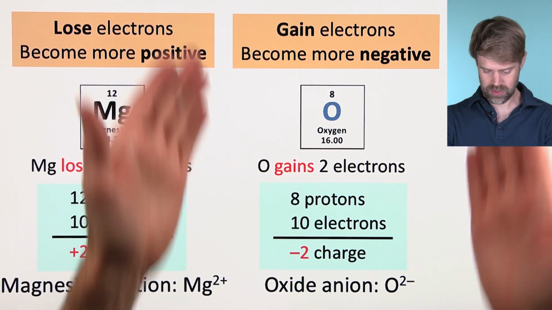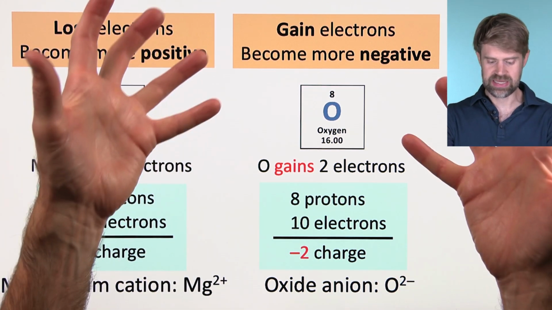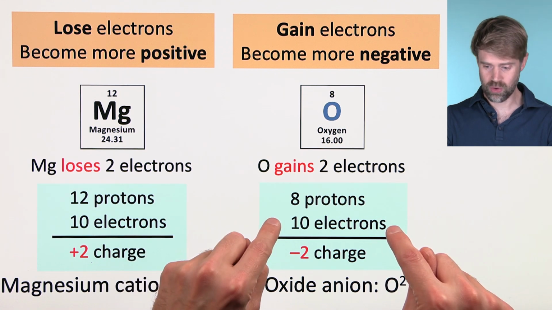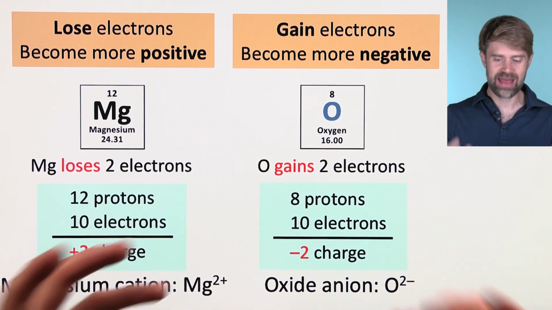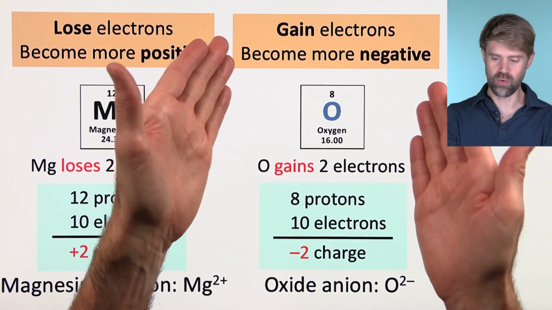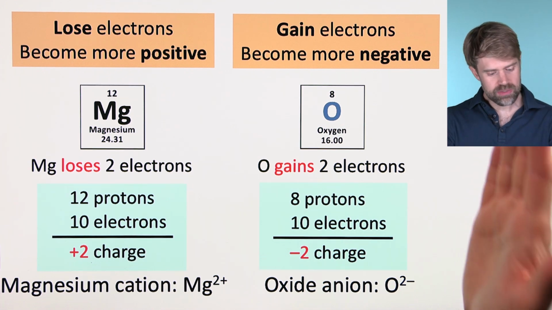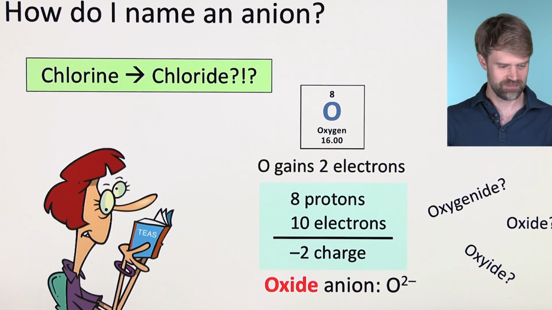And the same goes over here for negative anions. Oxygen has gained 2 electrons. That means it has 2 more electrons than protons, so it becomes more negative. You add negative electrons, you become more negative. So the TEAS knows that people make these mistakes, so they always try to trick you.